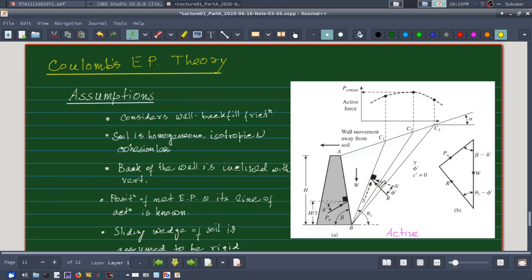So it will be inclined at an angle phi with the normal to the failure plane, and that angle will be towards the down.